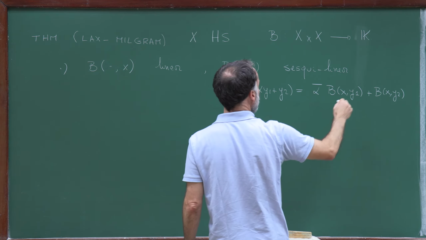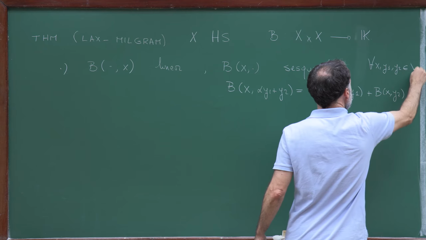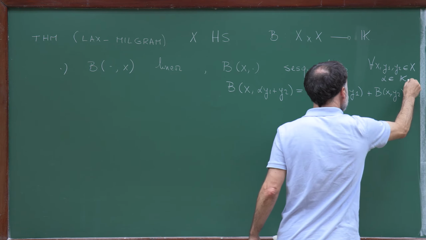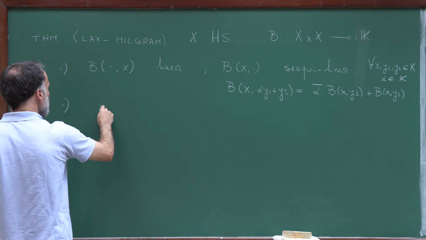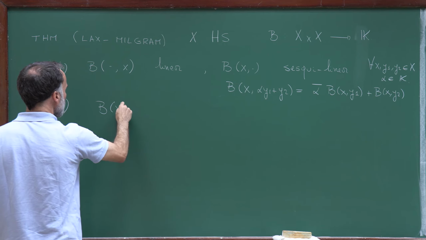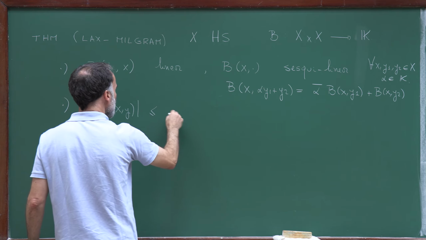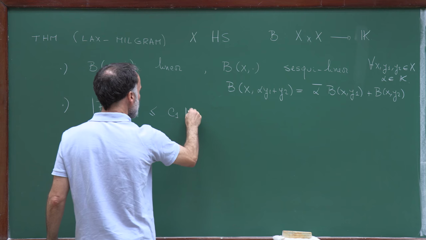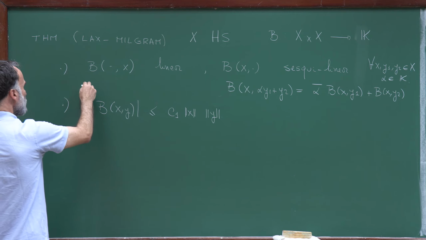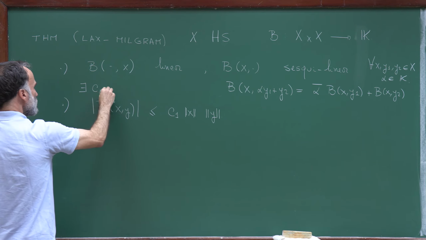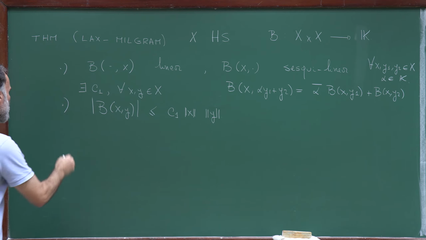And this, of course, is for all x, y1, y2 in X and alpha in K. Then we will require that B is bounded, so that the absolute value of B of x y is bounded by a constant C1 times the norm of x times the norm of y. So this means that there exists a constant C1 such that for all x and y in X, we have that bound.